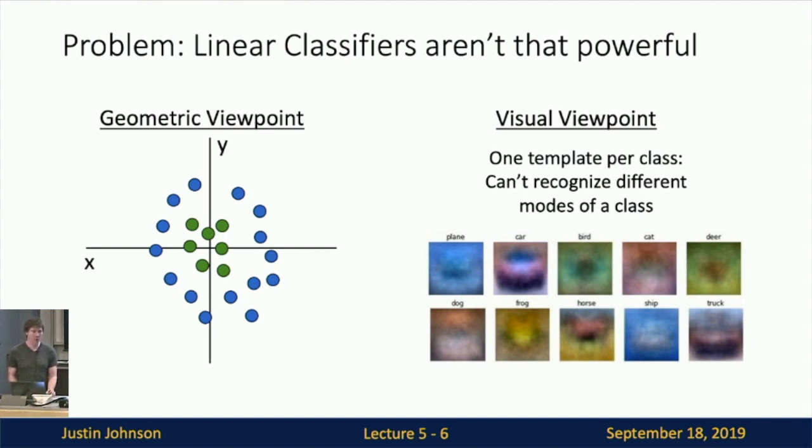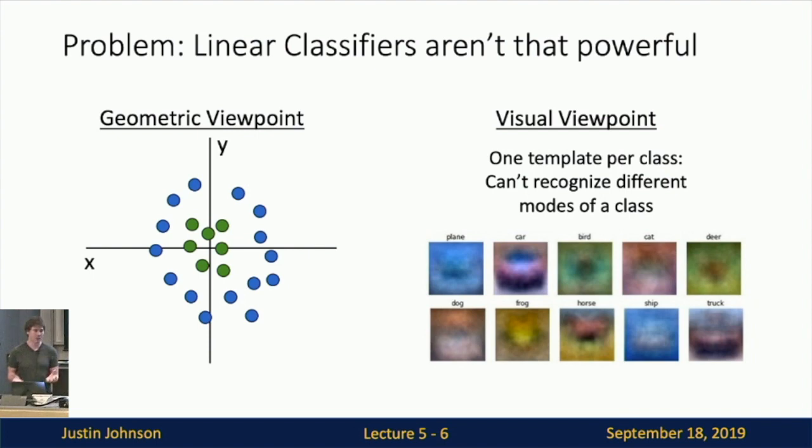We saw this from the geometric viewpoint. Recall that from this geometric viewpoint of a linear classifier, we saw a linear classifier as kind of drawing high-dimensional hyperplanes to carve up this high-dimensional Euclidean space into 2 chunks. And with situations like that on the left, it's just impossible for a linear classifier to possibly carve up the space in a way that separates the green points from the blue points.